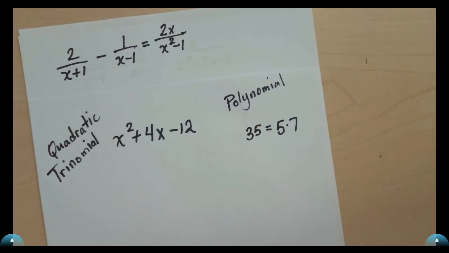multiplying a number times itself, raising that number to the second power, the first place that was ever widely used was when you find the area of a square. To find the area of a rectangle, you multiply the length times the width. But a square is a rectangle where the length and width are the same.